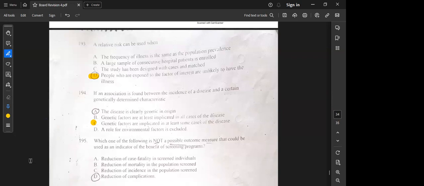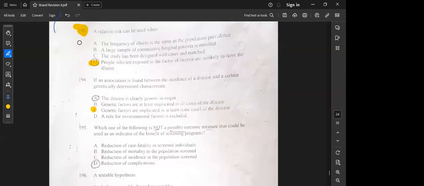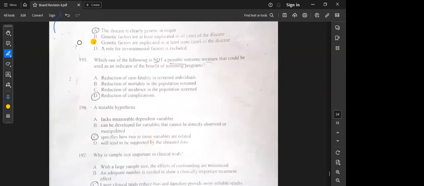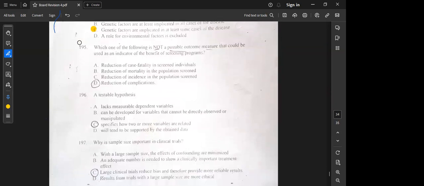I think we can just put a star on that question. Which one of the following is not a possible outcome measure that could be used as an indicator for the benefit of screening programs?